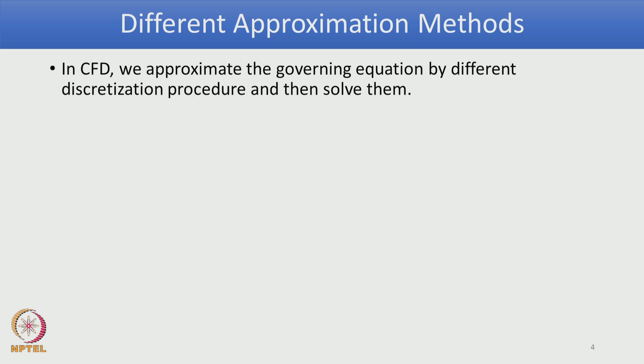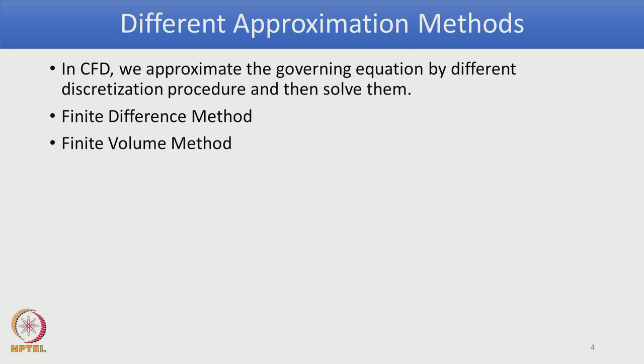In general, in CFD, we approximate the governing equation by different discretization procedures and solve them. We have many methods available, but we will look at only a few methods which are very popular: finite difference method, finite volume method and finite element method.